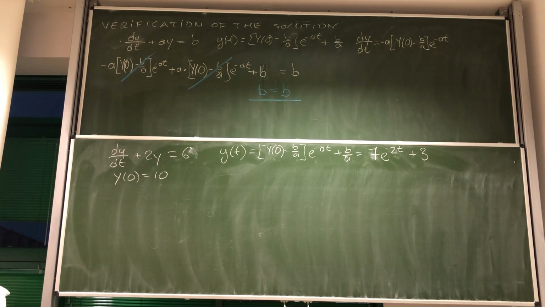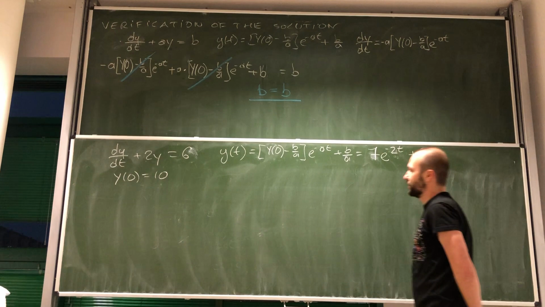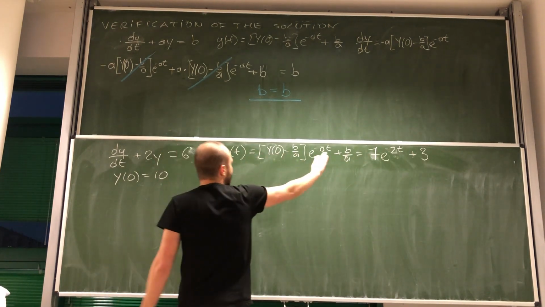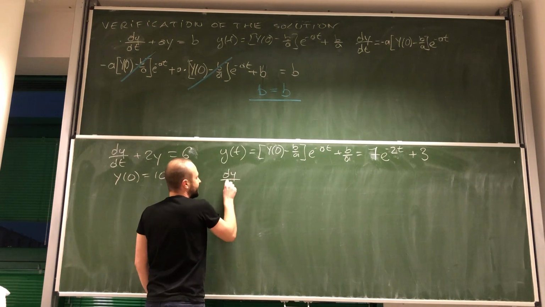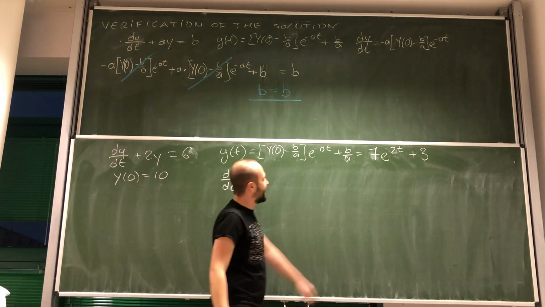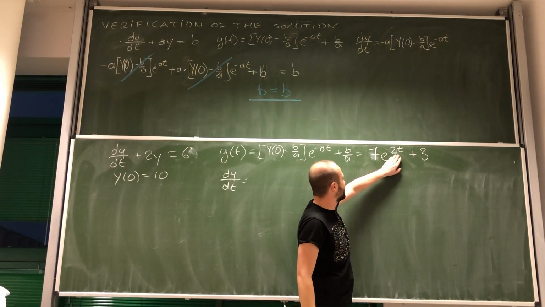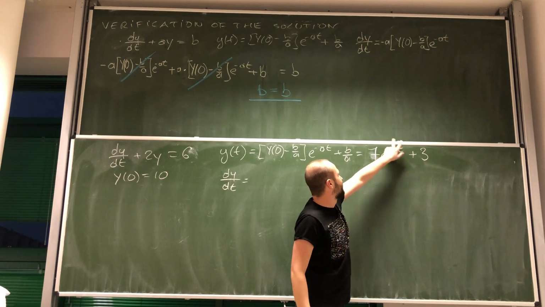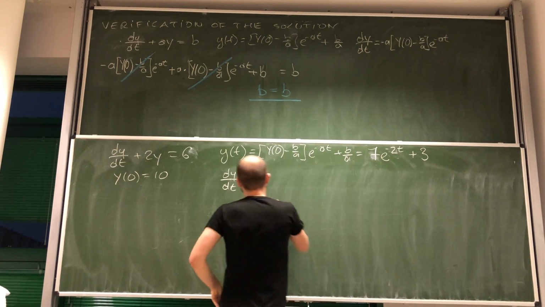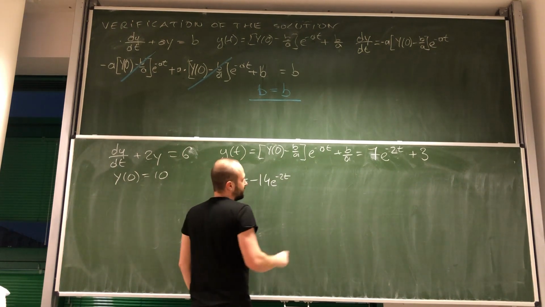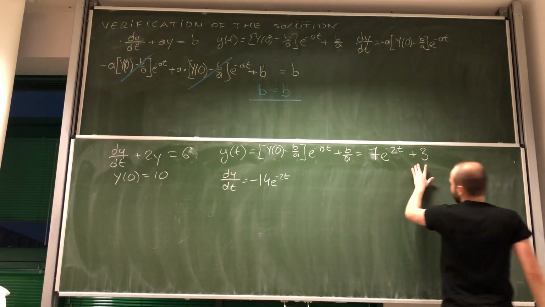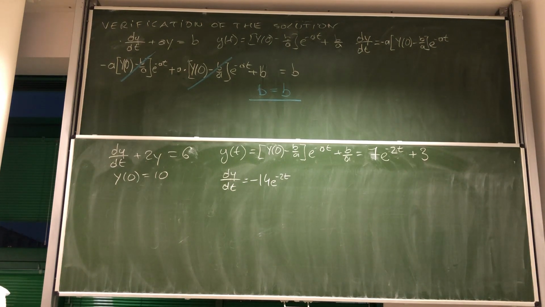Now that we know the solution, we can start verifying if it works. First, I need to calculate the derivative of this solution. So dy/dt is equal. Again, when we differentiate an exponential function, we get the derivative of the exponent up front. So this is negative 14e^(-2t). And of course, a constant is gone in differentiation.